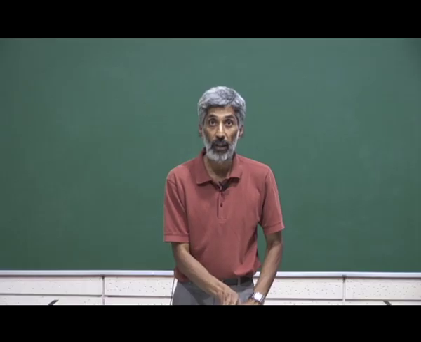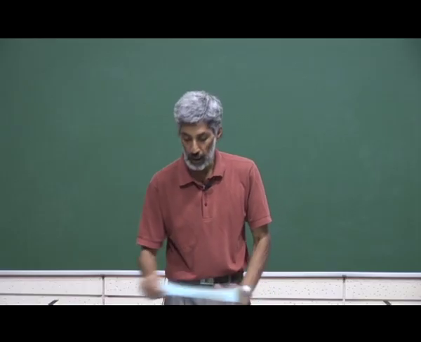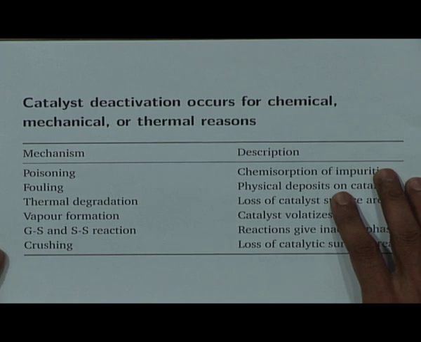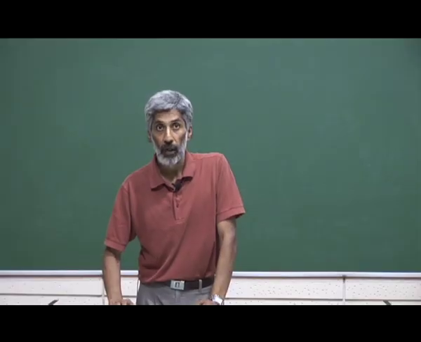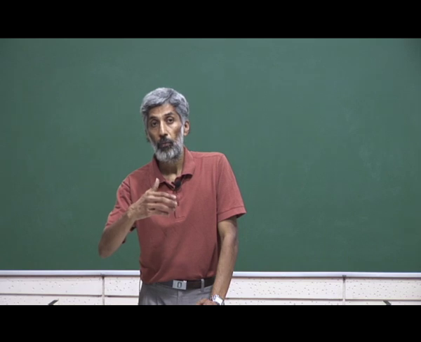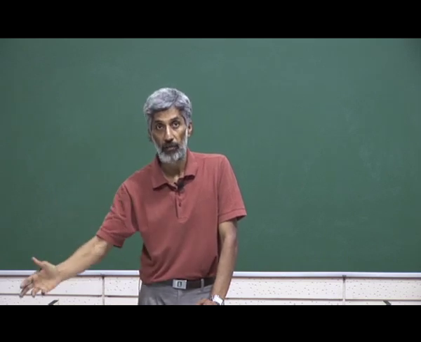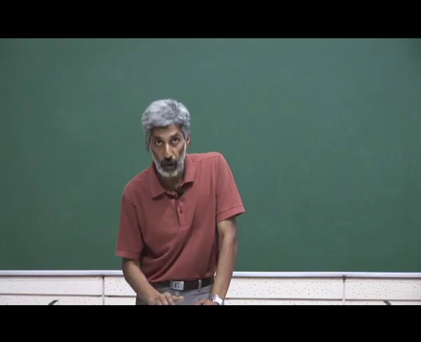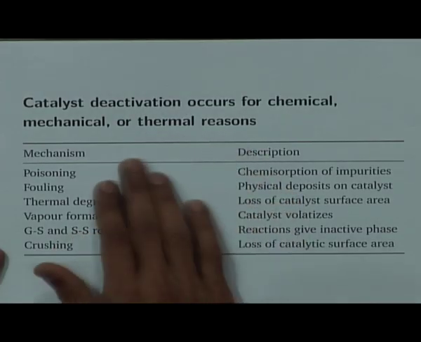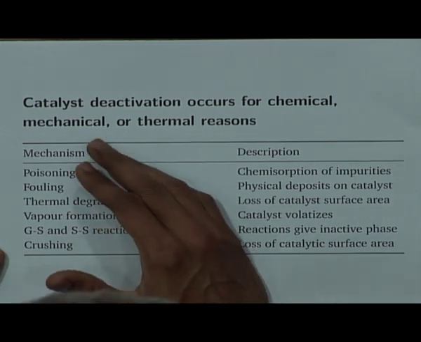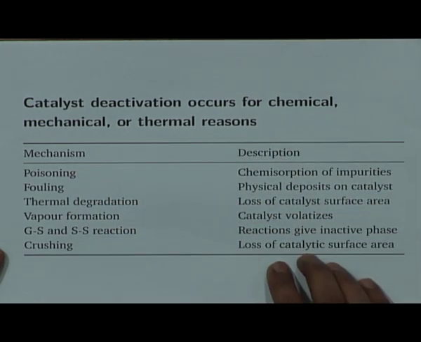The other thing that is important for us is that when you look at catalysts that are of industrial use, when you use it repeatedly, the catalyst will get deactivated. Deactivation could happen for various reasons. It could be thermal, it could be mechanical, it could be chemical.